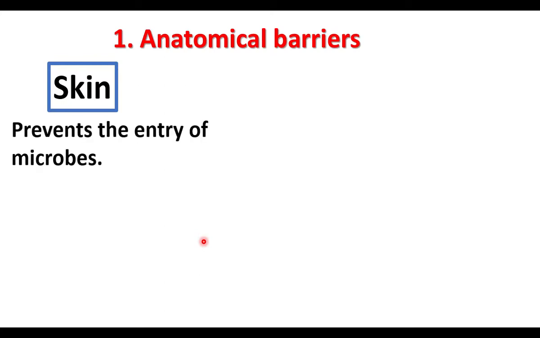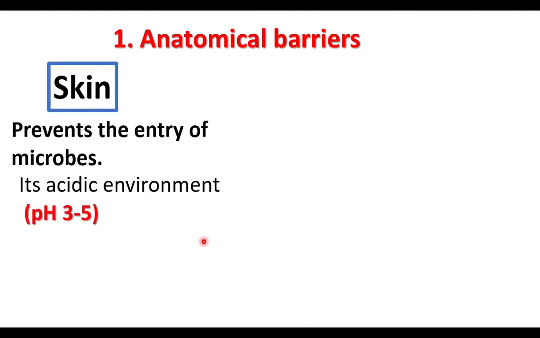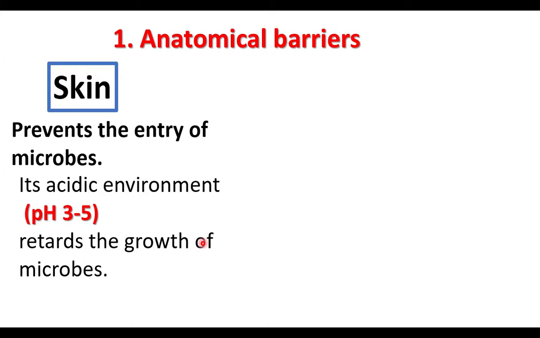The skin acts as a barrier because it prevents the entry of disease-causing organisms. The skin is able to prevent the entry of microbes because of its low pH. It has an acidic environment. Its pH is 3 to 5. This low pH stops the growth of different kinds of microorganisms.